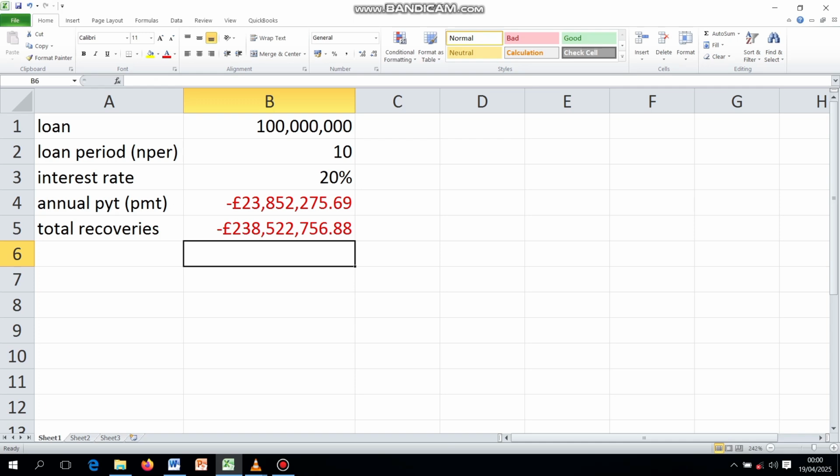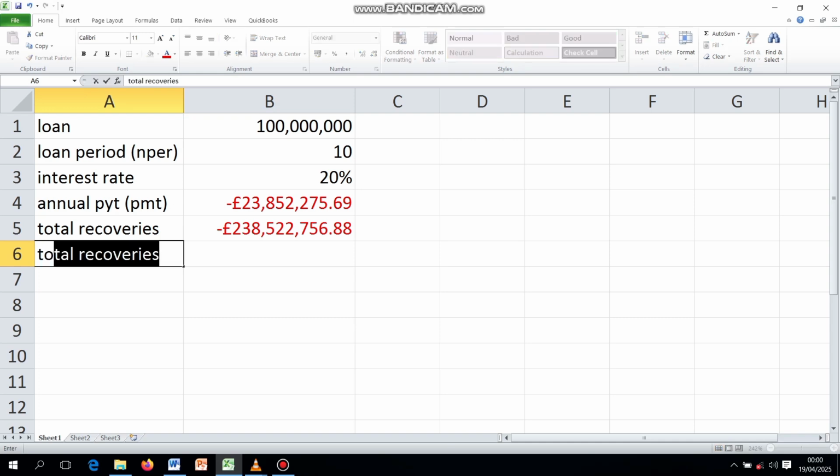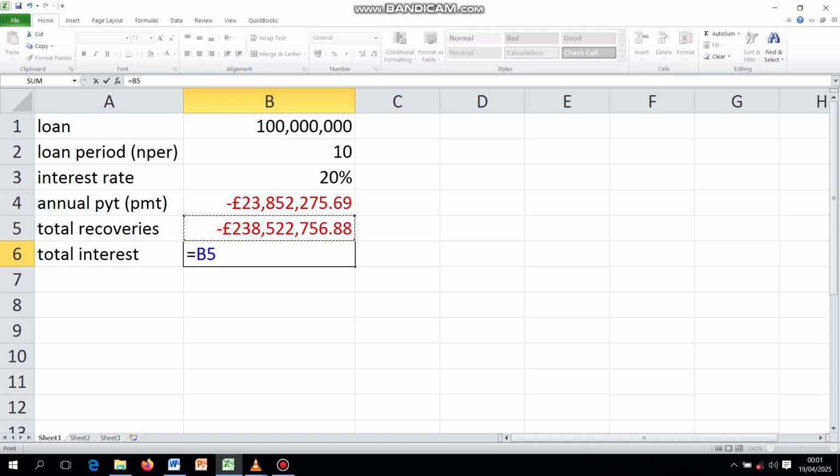So lastly, I will also need the total interest, which I will get by subtracting the loan from the total recoveries, because total recoveries have both the principal and the interest.